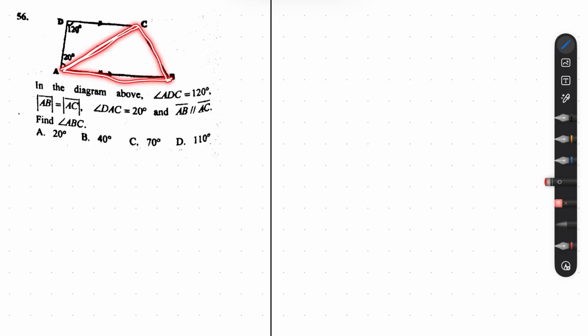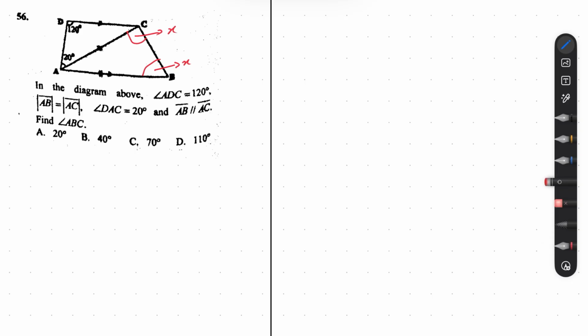This side and this side are equal, so these two angles will be the same. So if we label this angle here as x, then this angle will also be what? X. Okay, cool.